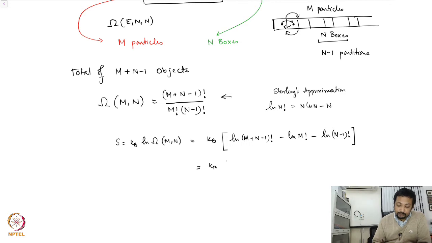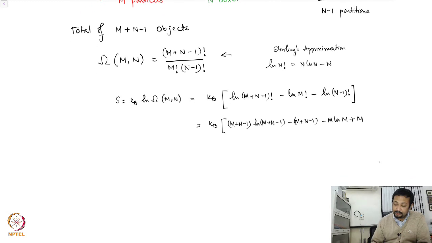We write this down as Kb times (m plus n minus 1) ln (m plus n minus 1) minus (m plus n minus 1), minus m ln m plus m. Don't make mistakes with the signs. And then you have minus (n minus 1) ln of (n minus 1) plus (n minus 1).